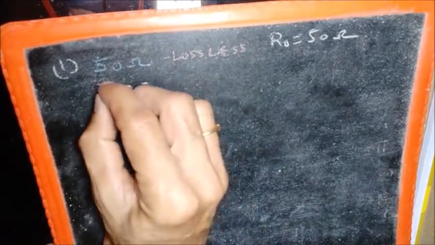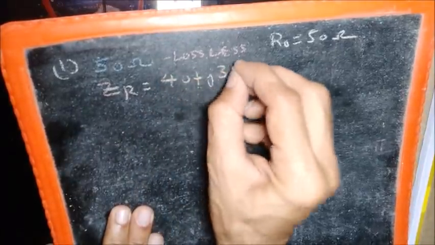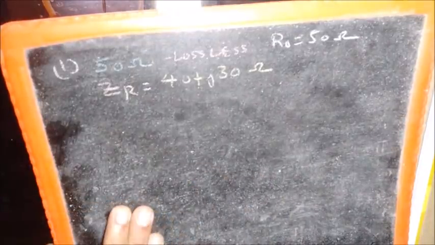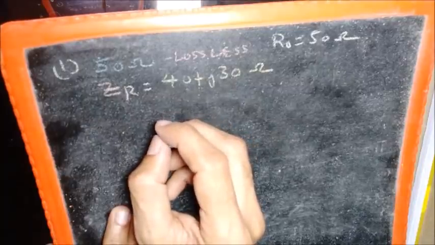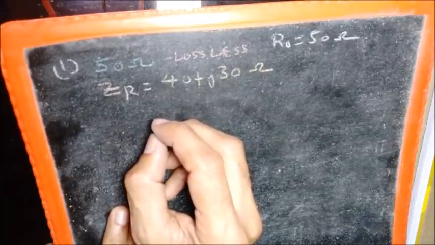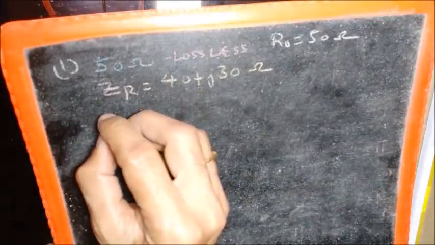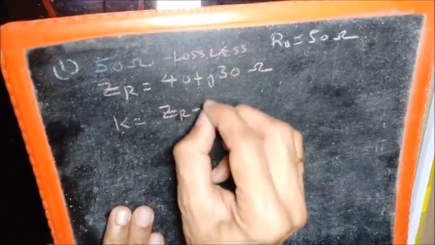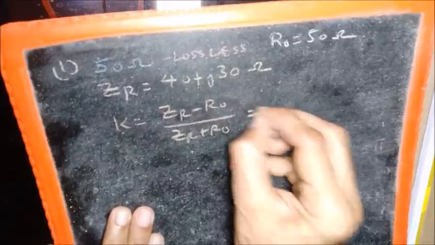We have a 50 ohm lossless transmission line, and the load impedance ZR is 40 plus j30 ohms. We have to find the reflection coefficient K and the standing wave ratio. Similar problem we might have solved earlier, but we'll just begin with this. So K will be ZR minus R naught divided by ZR plus R naught.